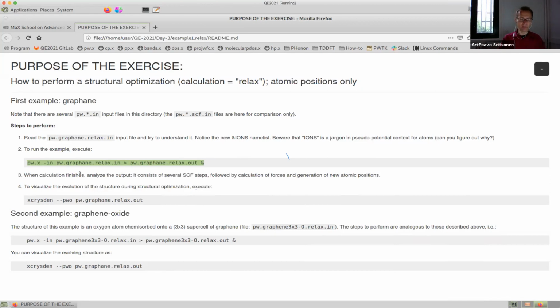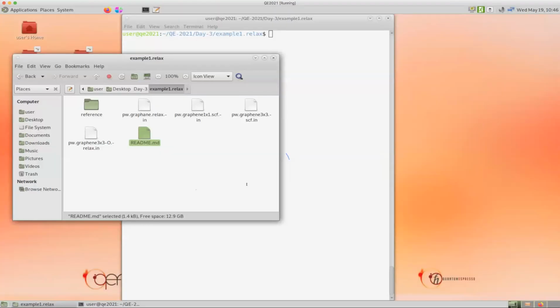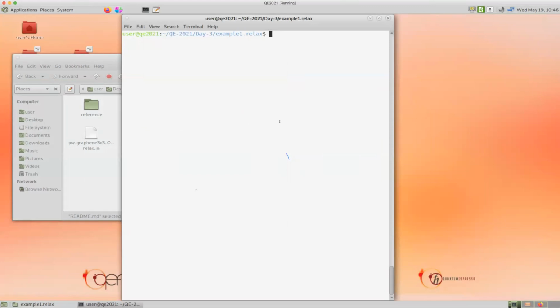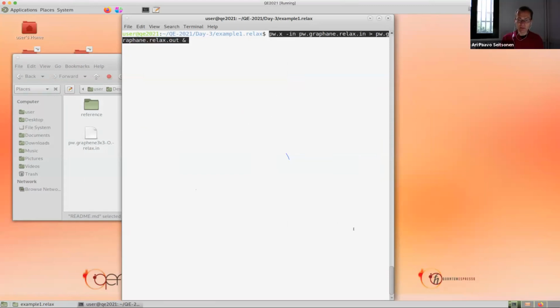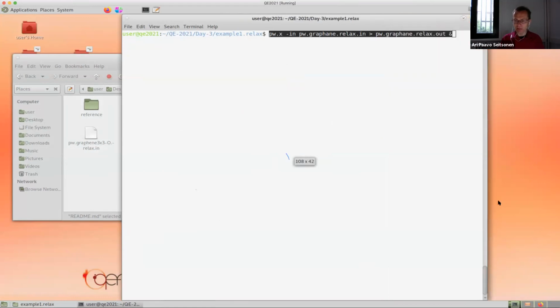So if you have any problems, please write immediately, and the tutors and I can check if you have any problems. But this should be very simple at the beginning. So I hope we can keep everything synchronized. So here we did the execution of the command. Sorry, I made it a bit bigger.